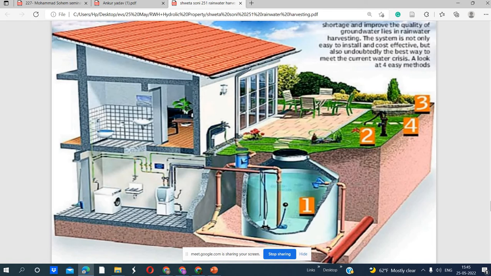Okay, in this figure a few numbers are given. What do they denote? 1, 2, 4, 3. Ma'am, this shows how we are using the rainwater harvesting system, or where we are using it, like in our washrooms, and in the ground for plants, etc. Okay, number 1, I think this is the tank.